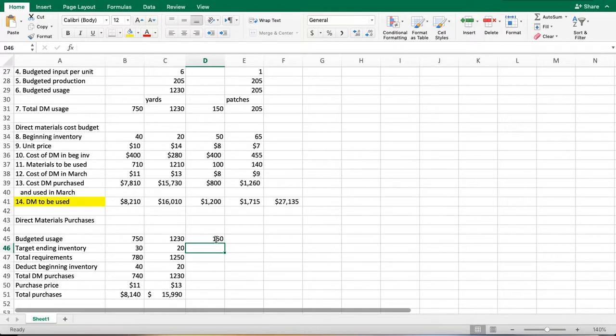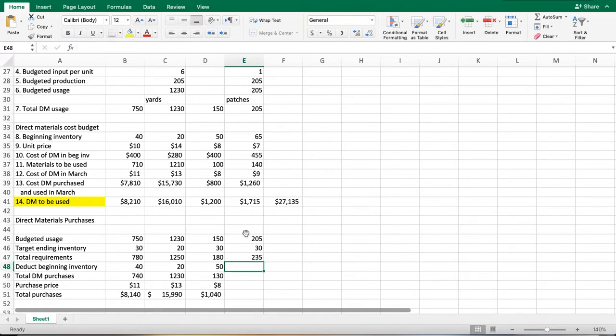Target ending for that, again, that's given to you. It's 30, so we need 180. We already have 50, so we need to purchase 30. They're $8 each, so it would be $1,040. And then finally, our budgeted usage is 205. We want to have 30 when we get done, so we need 235.